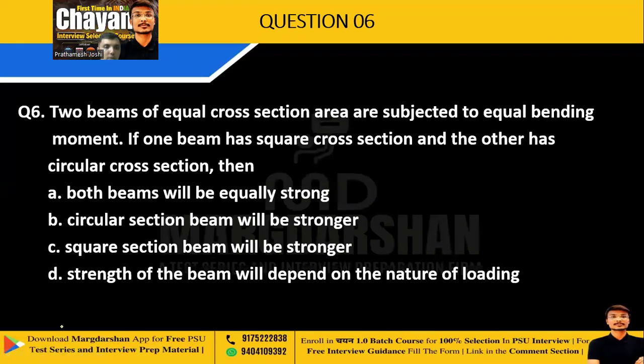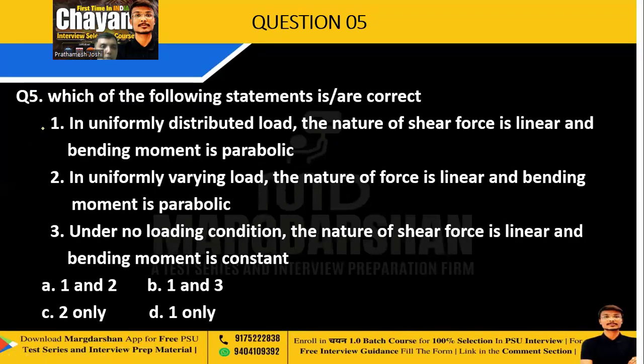Is this option totally correct? In uniformly varying load, the nature of shear force is linear and the bending moment is parabolic. No, this is absolutely wrong. As we have seen in the first one, only for uniformly distributed load will shear force be linear and bending moment parabolic.